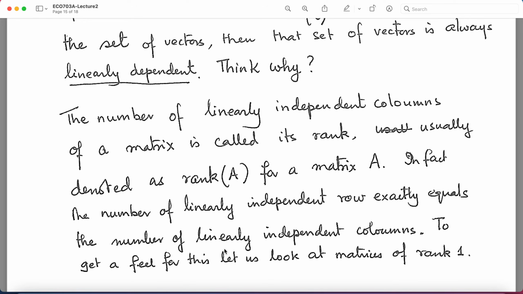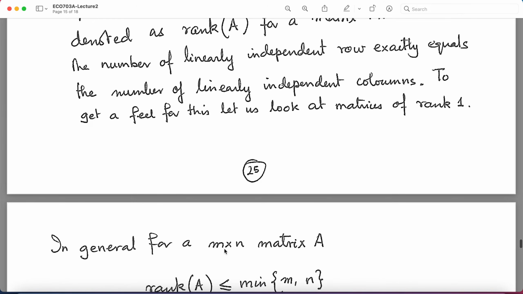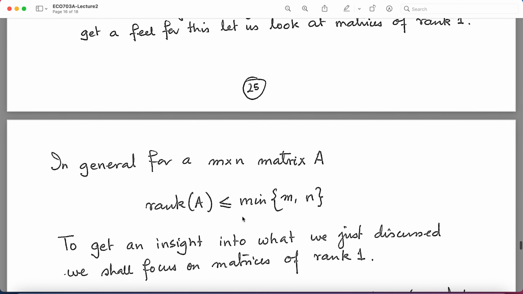So, the number of linearly independent columns of a matrix is also called the rank of a matrix, right. That is an important idea, and rank obviously has to be at most the minimum of m and n, because we can show that the number of row vectors which are linearly independent is exactly equal to the number of column vectors which are linearly independent, and that is the key idea.